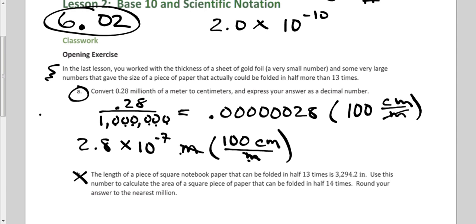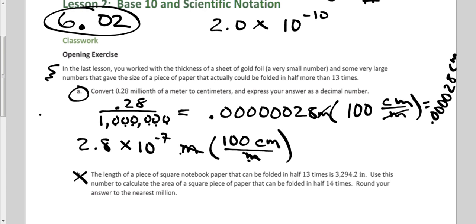So the meters cancel out, and then I'm getting 28 with 4 zeros in front of it. So this is 0.000028 centimeters. Down here, if I'm multiplying by 100, what happens to this exponent?